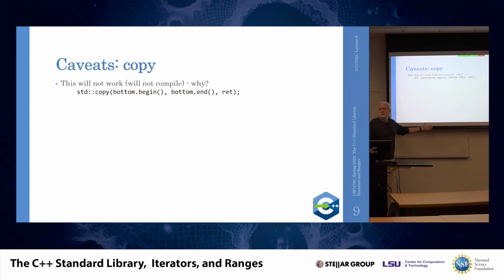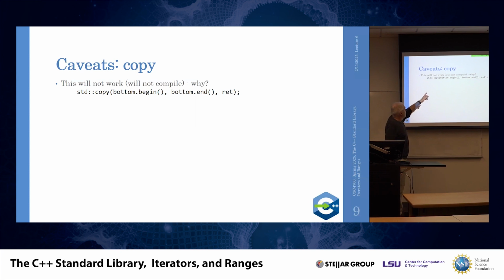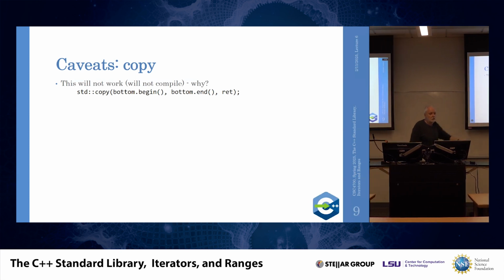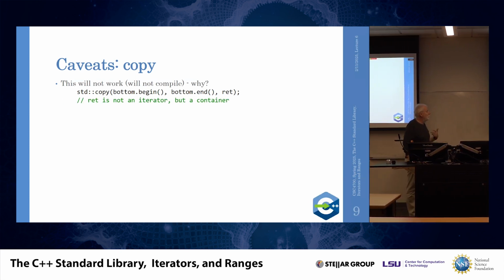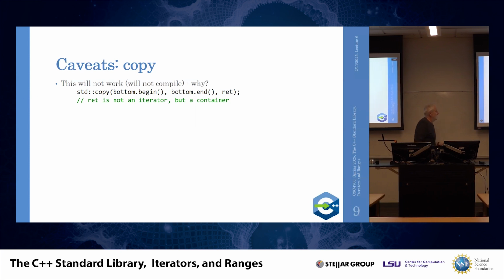Why will it not work? What are the requirements for the types of copy? The requirement is that all three are iterators. Then copy will work. Well, red is not an iterator, right? Red is a destination container. So it will not compile because red is not an iterator, it's a container.